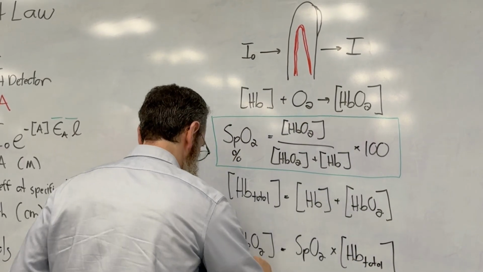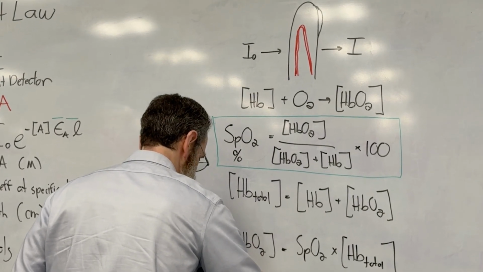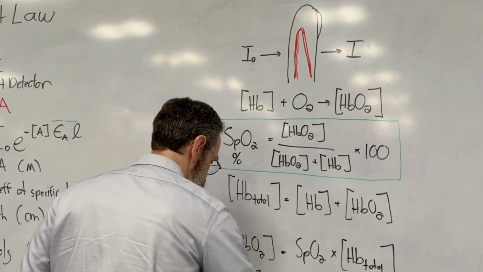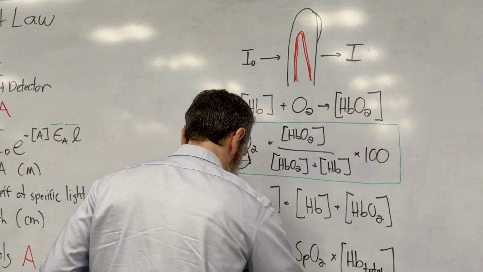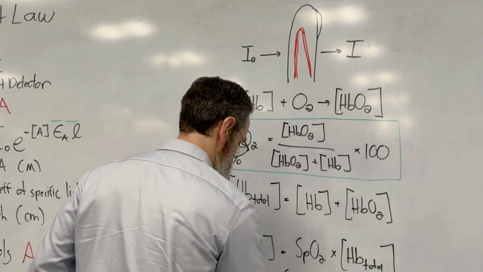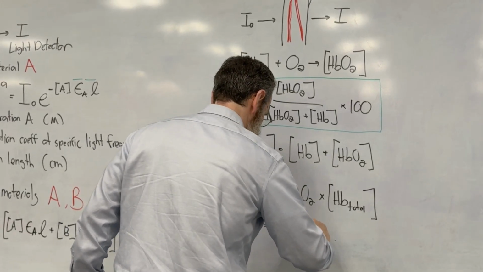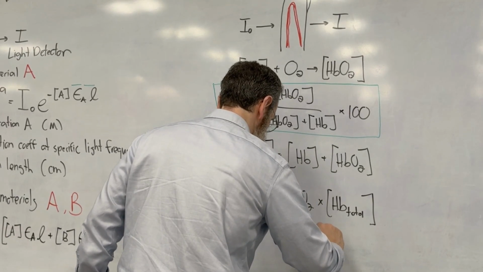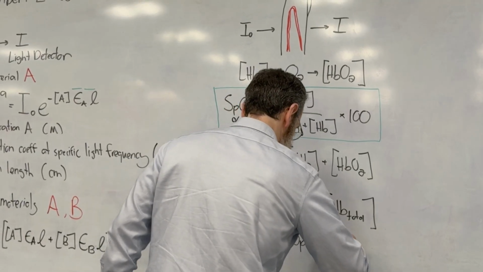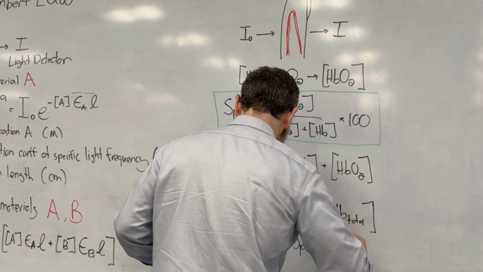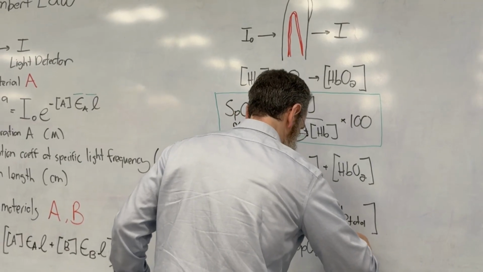And we can also say that the concentration of deoxyhemoglobin is equal to 1 minus SpO2, times the concentration of Hb total.